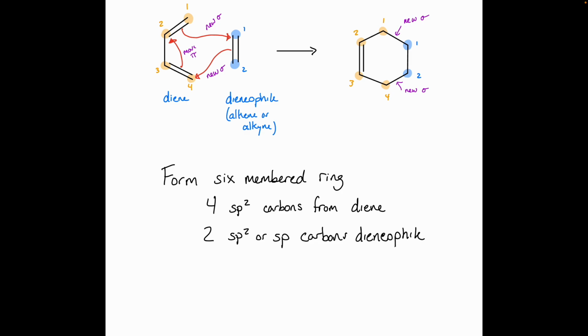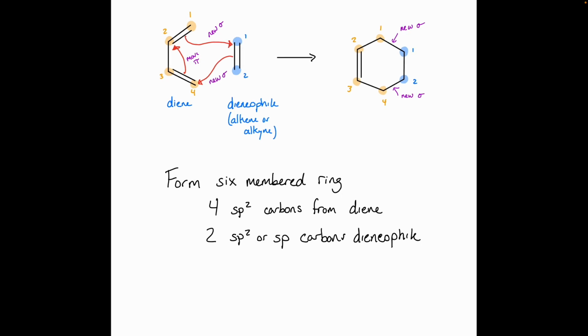And this is the most important and most helpful thing to keep in mind when drawing the products of our Diels-Alder reaction: you better have a new 6-membered ring in there.